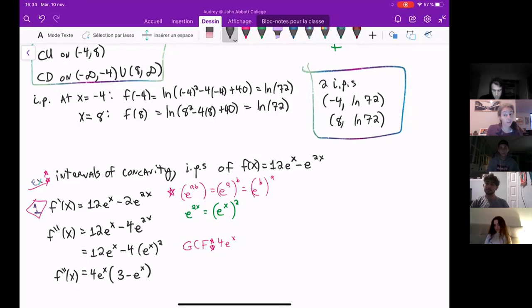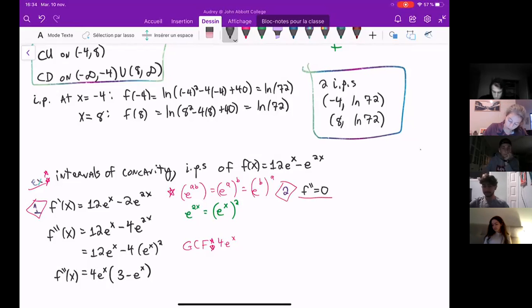Are there any questions about how I got that and the rule that I used with e to understand that? Good. Then we can move on to our second step, which is f double prime is equal to 0.